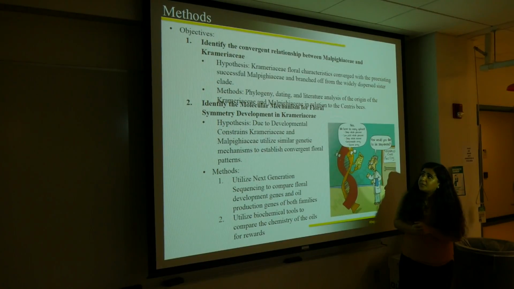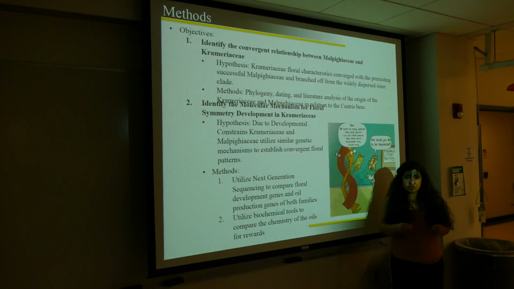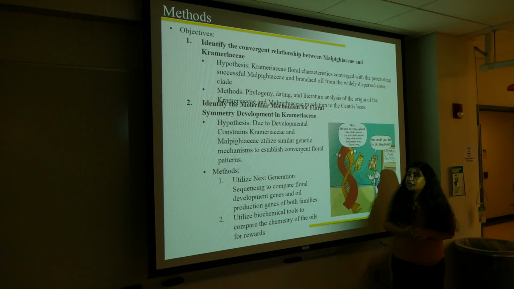We propose to classify this relationship through phylogeny and molecular dating, to see which family arose at what time and how that corresponds to the evolution of the bees, along with a thorough literature search of everything that has been done and needs to be done with Convergence.